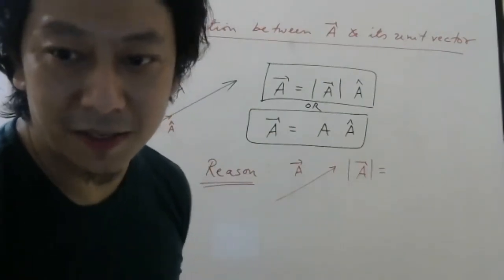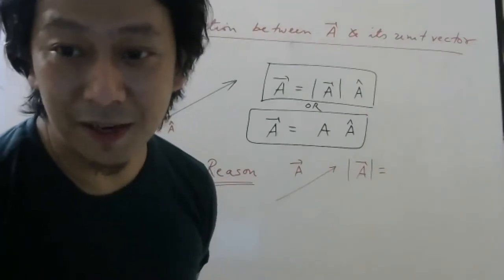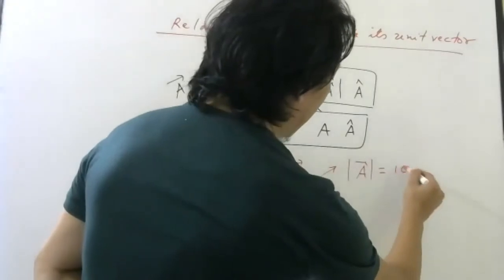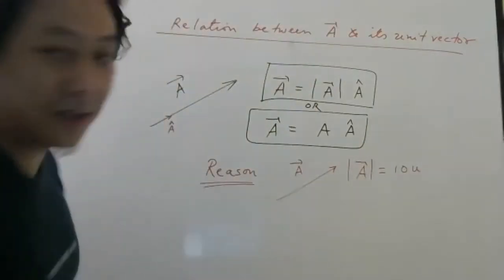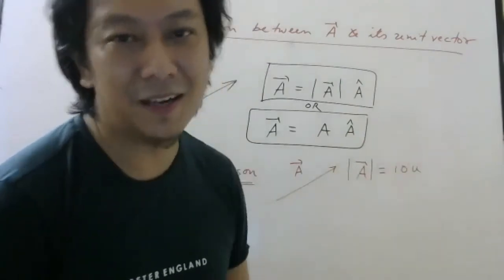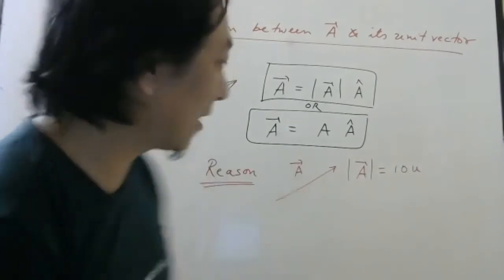So let us say the magnitude is 10 units. It can be 10 Newton, 10 meter per second, 10 meter per second square, depending on the quantity.